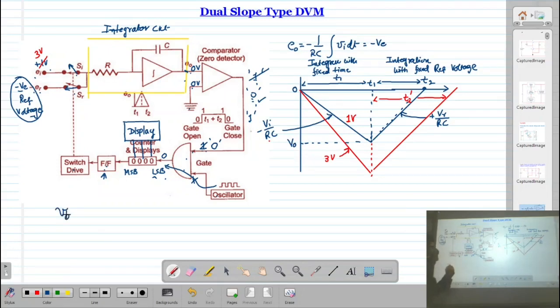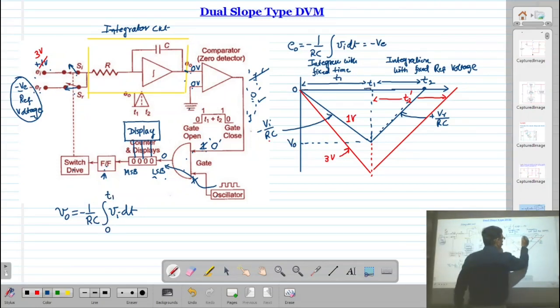So this output voltage is written as, now I am starting from this point to this point, correct? With the first integration, when my input voltage is connected to the integrator, it is minus 1 upon RC integration of Vi dt, and that is integrating from 0 to t1 time period.